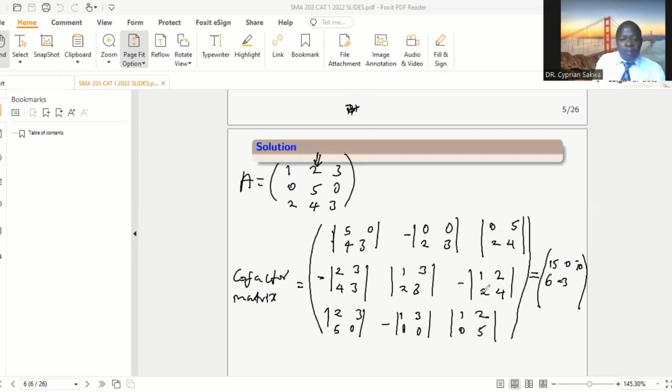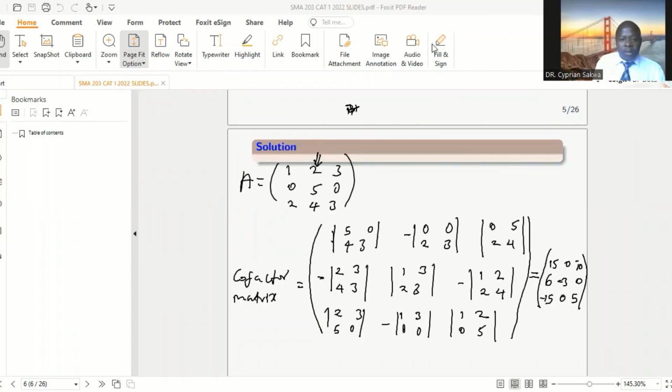It's 4 minus 4, which is 0, times this negative, which will be 0. This is 0 minus 15. And this is 0 minus 0. And this is 5 minus 0. And this is the cofactor matrix.